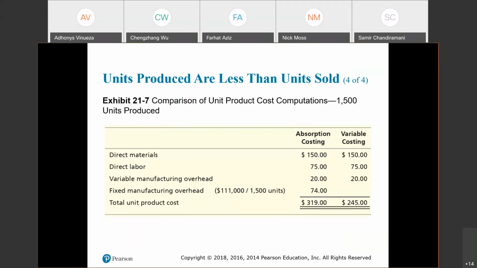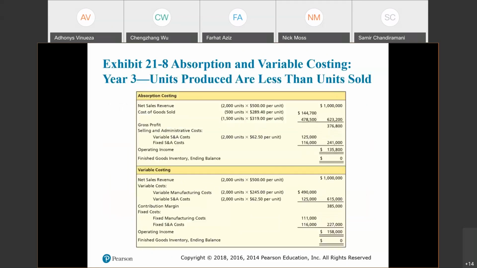And again, let's look at the per unit cost using these two different methods. Again, under absorption costing, the fixed manufacturing overhead is included, but this part is not included in variable costing. So this is the calculation in detail. Same amount of sales revenue, $1 million.